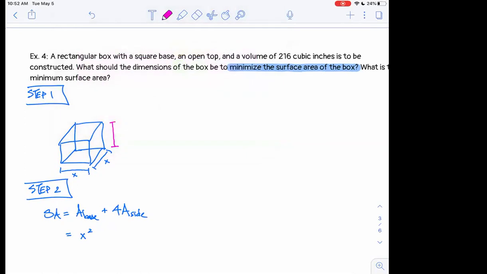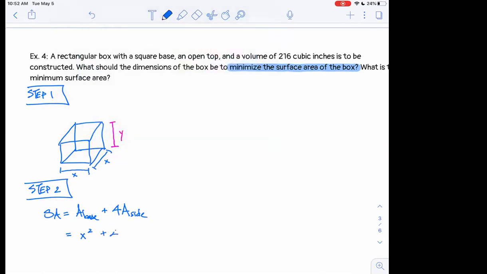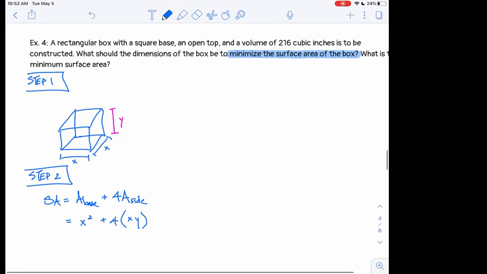Now let's call the height of the box y or some other letter. But what that tells me is that each of the 4 sides is going to have an area of x times y because they're rectangles. So I've got surface area equals x squared plus 4 times xy.